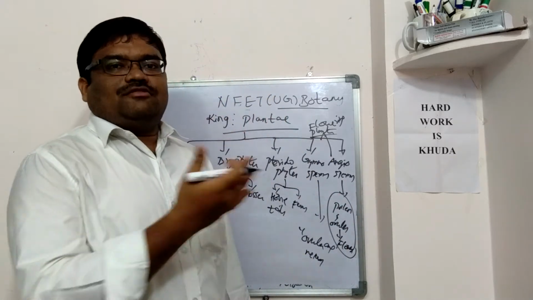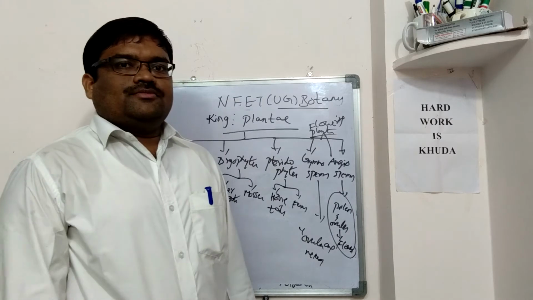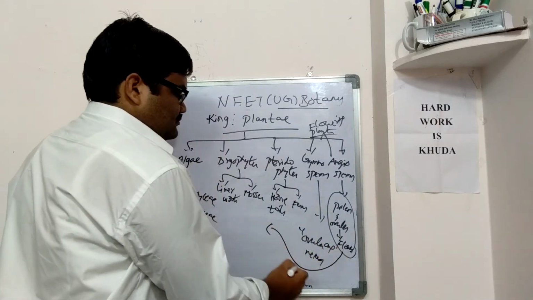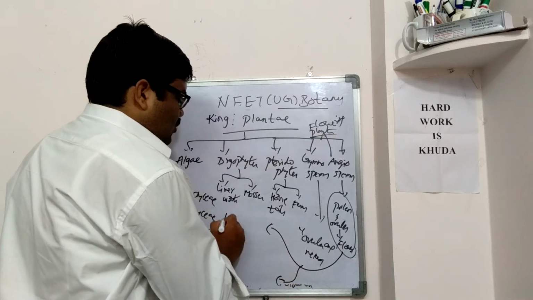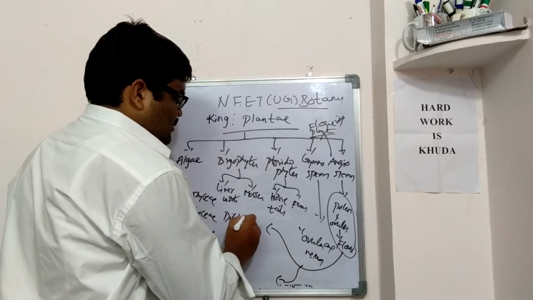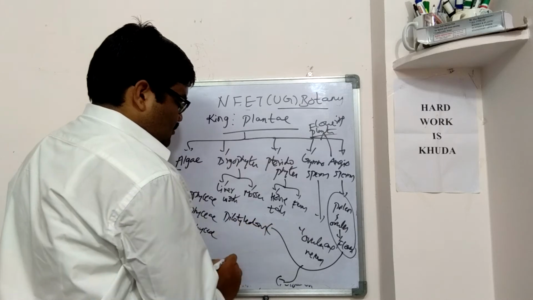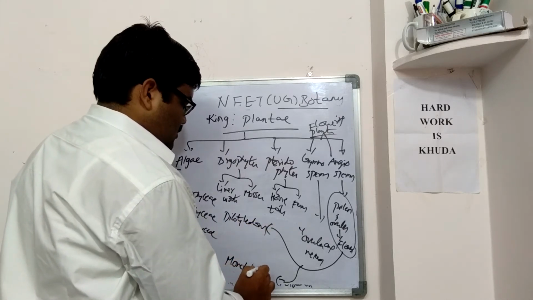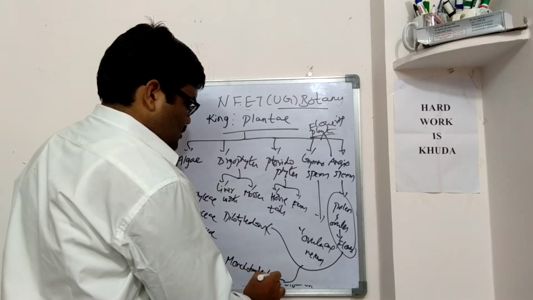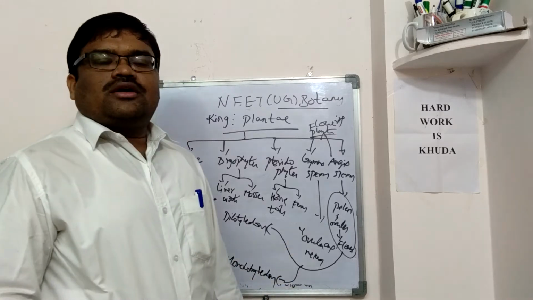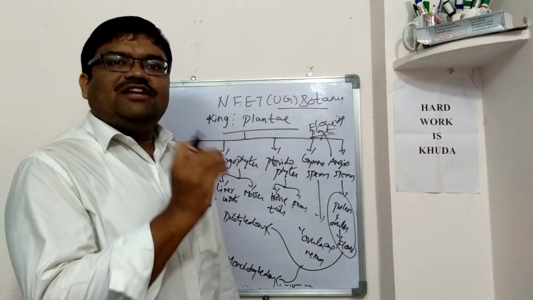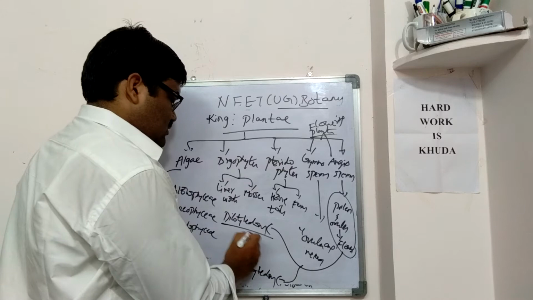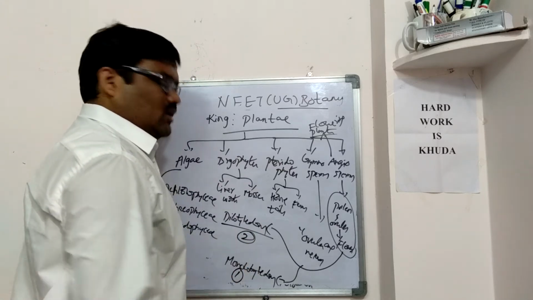Bentham and Hooker classification is very important for angiosperms. And angiosperms again have 2 classes: dicotyledons and monocotyledons. Dicotyledons means seed with 2 cotyledons, and monocotyledon means seed with 1 cotyledon.